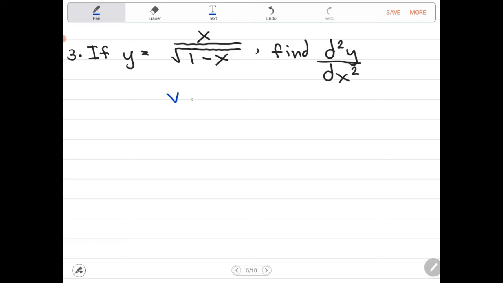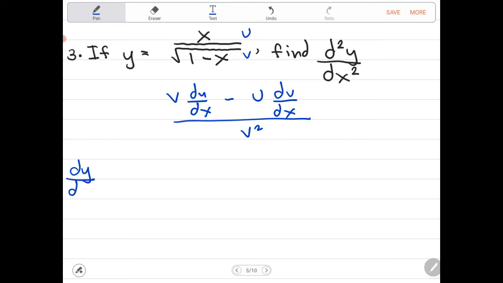V times the derivative of u with respect to x minus u times the derivative of v with respect to x, all over v squared. In this problem, u is the numerator, then v is the denominator. Let us find the first derivative.